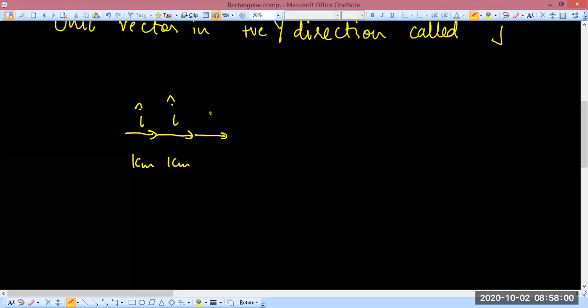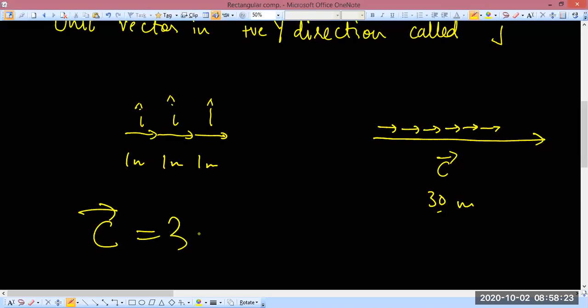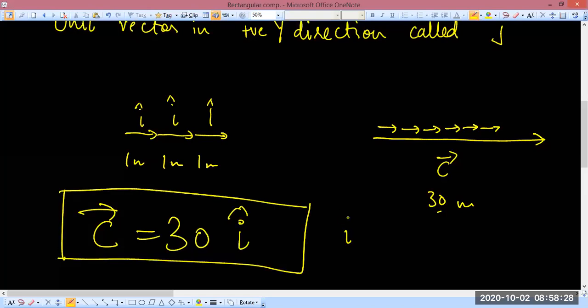If you draw one more I caret like that, to make that C vector, which is 30 meter long, 1 meter, 1 meter, 1 meter, unit, don't forget, unit. So to do that, you'd have to draw 30 such I's, like this. So that's why I'm writing this. How many of you understood this? I plus I plus I plus I, like that. How many times? 30 times.